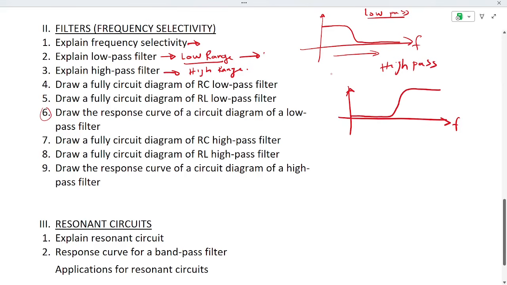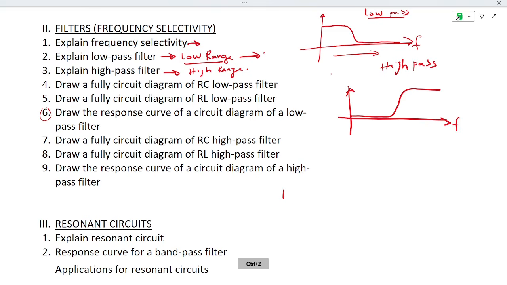So they may ask you in the exam to draw the high pass filters. Let's start with low pass.